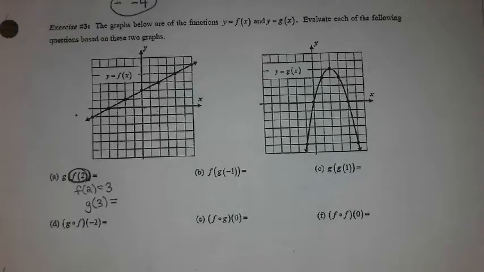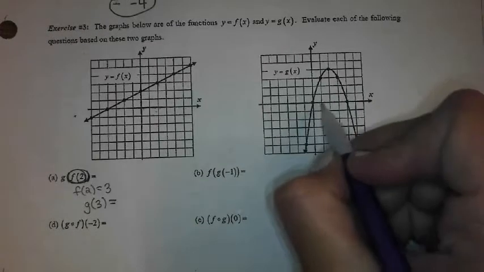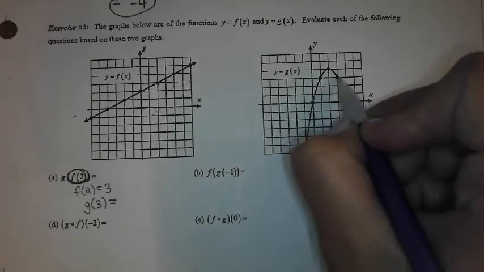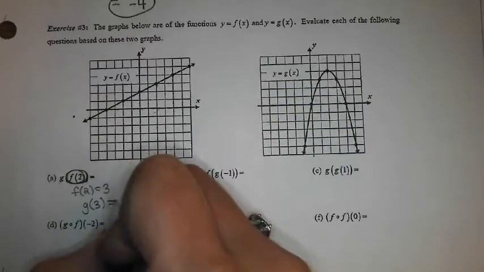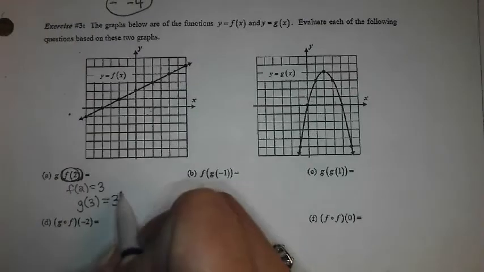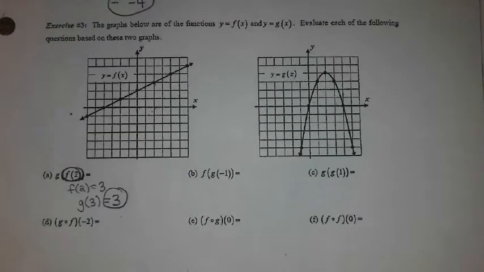Fred, what do you think? Rory, do you agree with him? Yes. 1, 2, 3, 1, 2, 3. So g of 3 is 3. Good. And that's your answer for the whole problem. Okay?